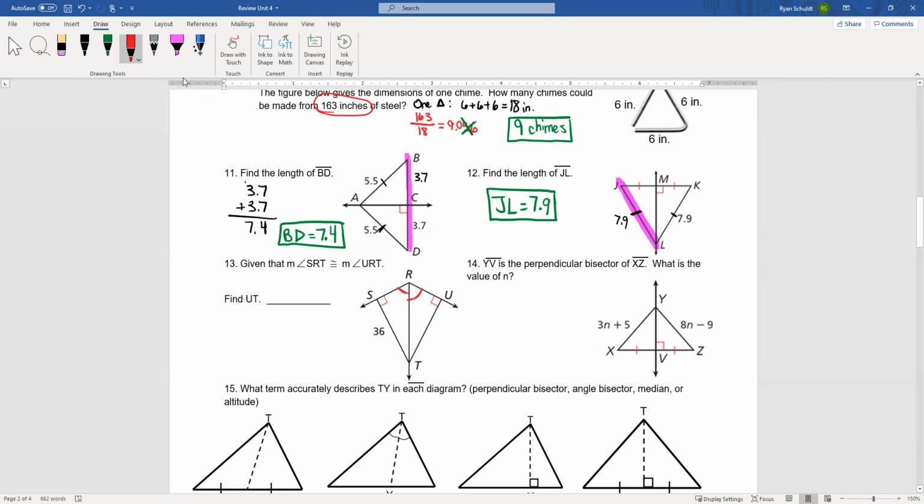Well, that means RT, since SRT is congruent to URT, RT is an angle bisector, which means ST and UT have to be both 36. They have to be congruent. So find UT. Well, UT equals 36.